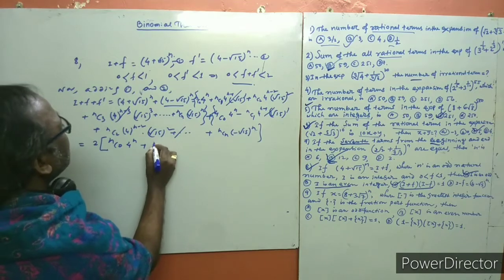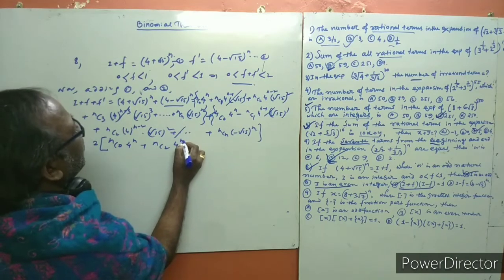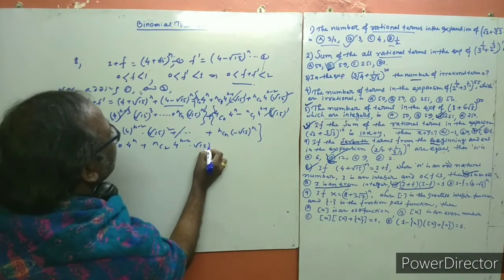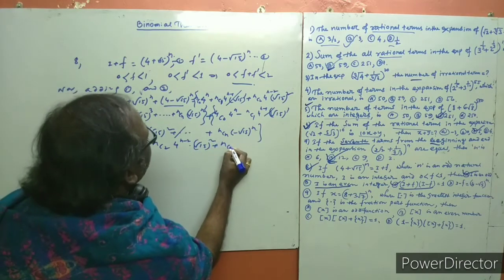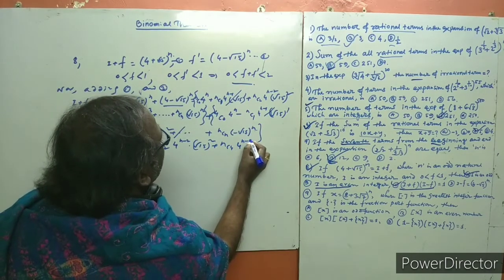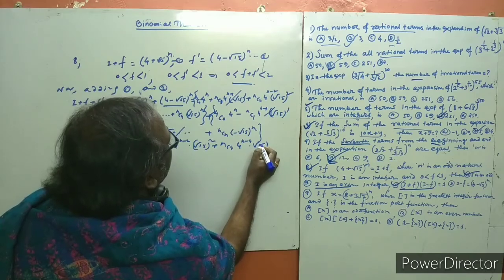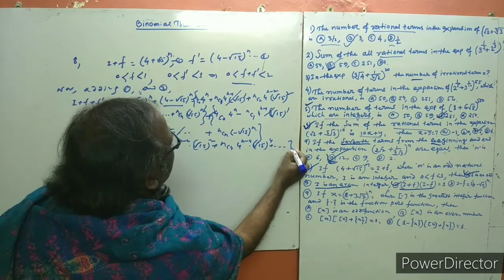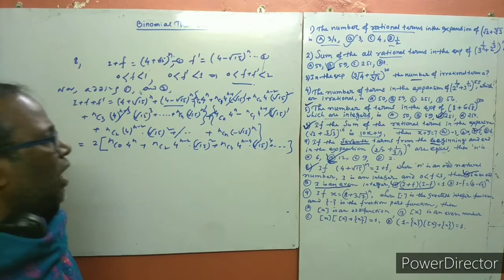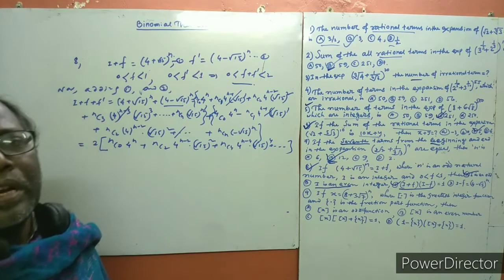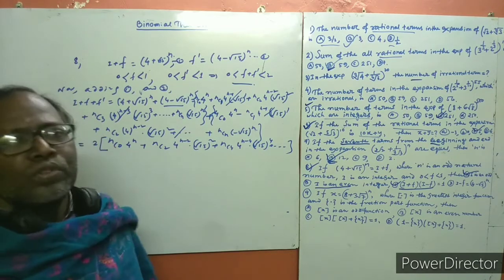And now nC2 4 to the power n minus 2 and root 15 to the power square, and nC4 4 to the power n minus 4 and root 15 to the power 4 here. See, in this expansion each and every term in the middle has root 15 to an even power, that is 2, 4, 6 like that.